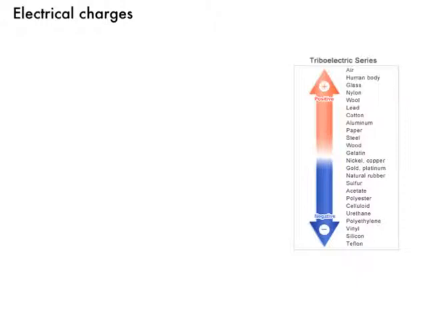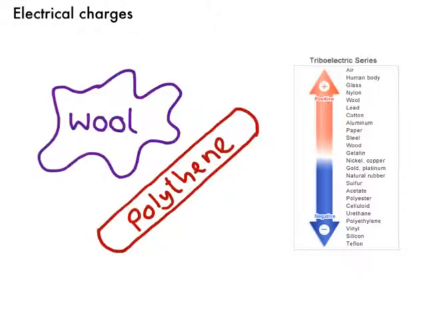So, as an example of this, if I rubbed a plastic polythene rod with a wool cloth, so I've got a polythene rod and I've got a wool cloth here. If I rub those together, electrons are going to be transferred between the two, okay? And the electrons are actually going to be transferred from the wool, which is obviously up here on the triboelectric series, onto the polythene, which is down here on the triboelectric series.